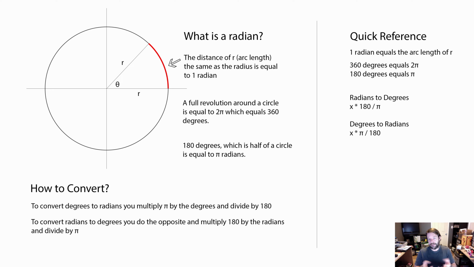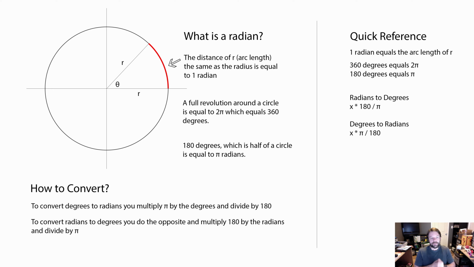The same thing holds true for half a circle: 180 degrees equals pi radians. And you don't have to write radians after the pi symbol. It's understood that pi is in radians when you're talking about the radians of a circle.